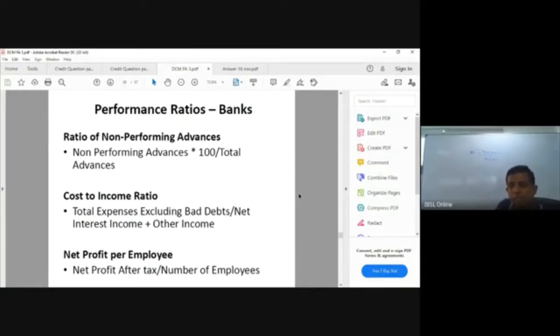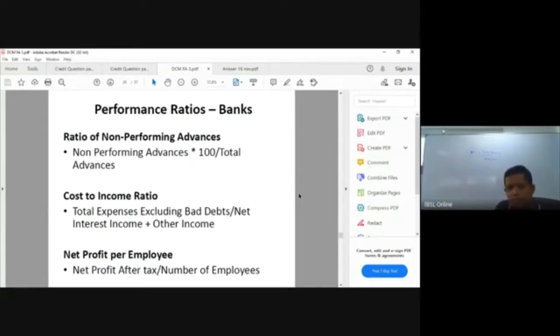If time permits, I will share a few slides on impairment and SLFRS. To calculate the NPL ratio, take the non-performing advances divided by total advances into 100. These days, the non-performing ratio of all industries and banks is on a high side.